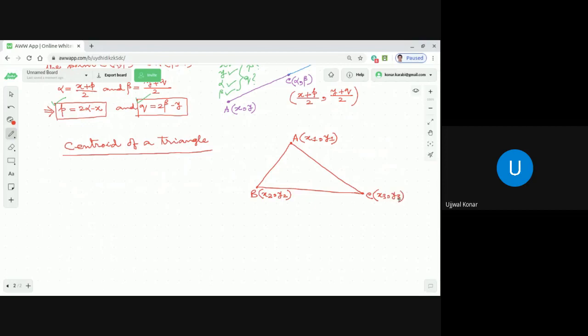Now, what is a centroid? What is the definition of a centroid? A centroid is nothing but the point of intersection of the three medians.